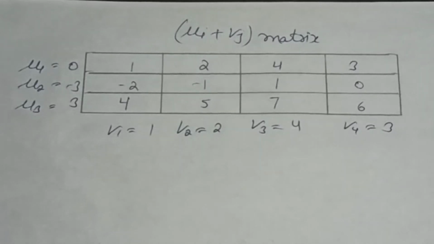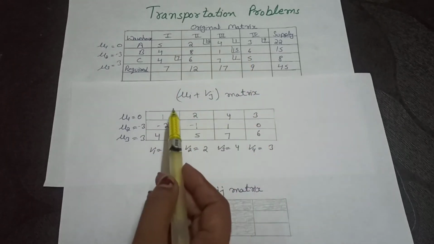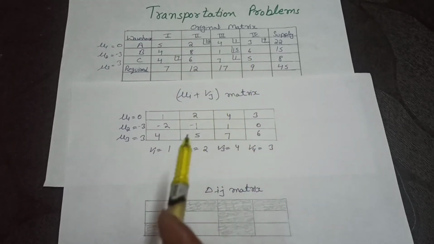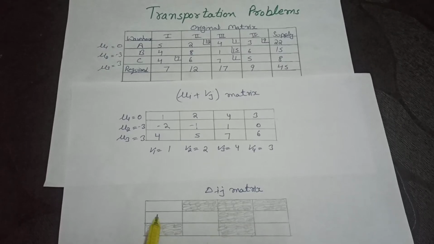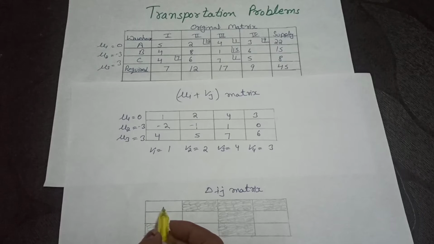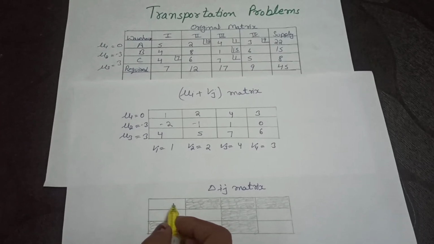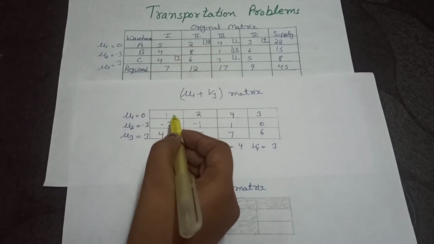Now we will calculate our next matrix. For this matrix, we need our original matrix and the ui plus vj matrix. These are our allocated cells and these blank cells are our unallocated cells. We have to calculate values for these blank cells. For this cell, what will we do? We will write the difference of this cell and this cell.